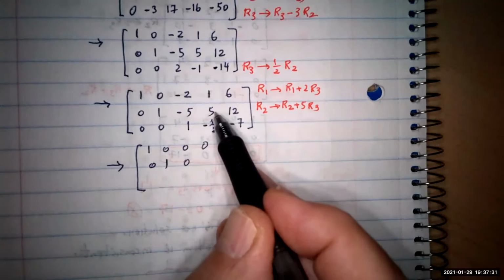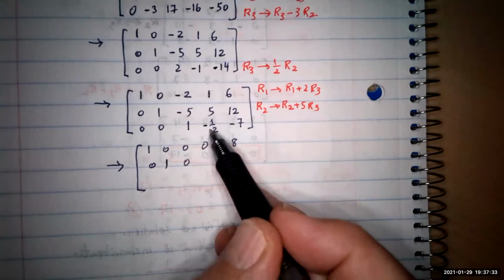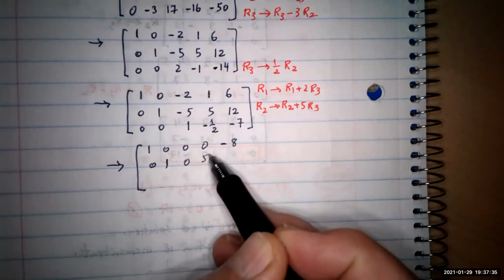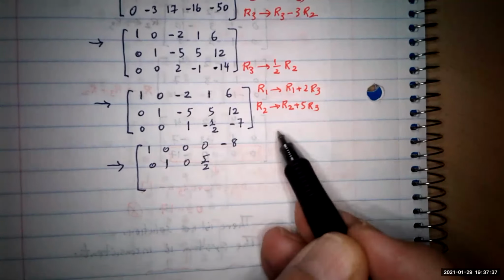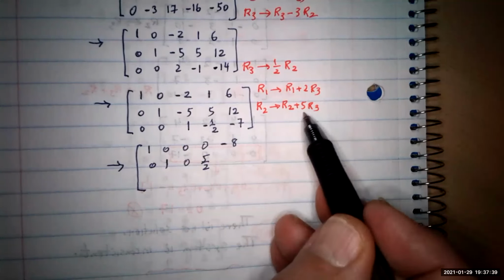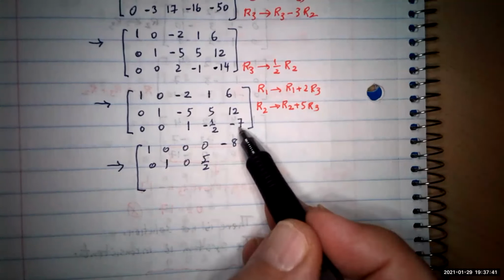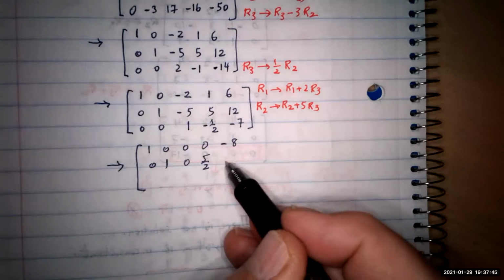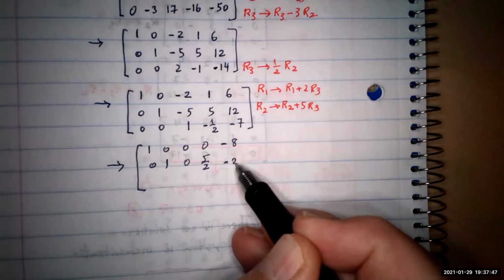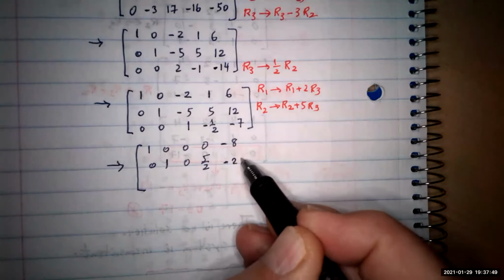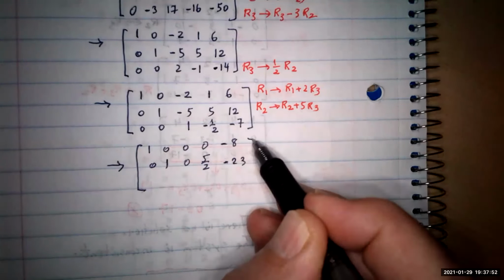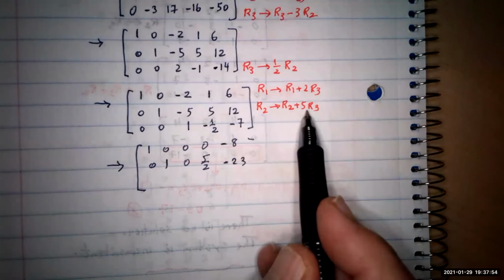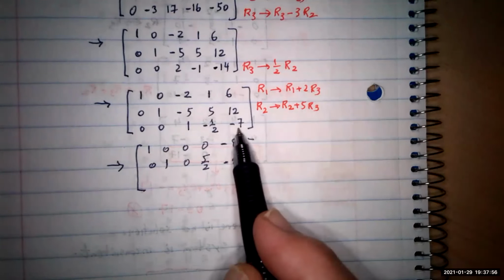You want to add it to the 5. Negative 5 half is 2.5, so that gives you 5 half again here. Okay, the 5 half. And then over here, 5 R3, negative 35. Okay, it's going to be negative 35 and 12, which is going to be negative 23. Okay, so R2 minus 5 R3, so that gives me negative 35.